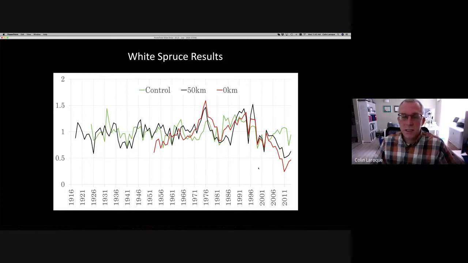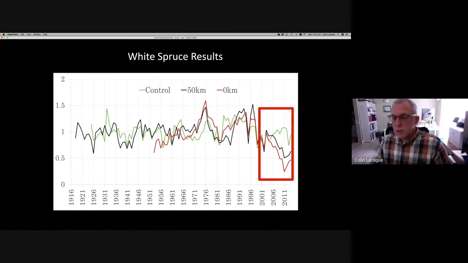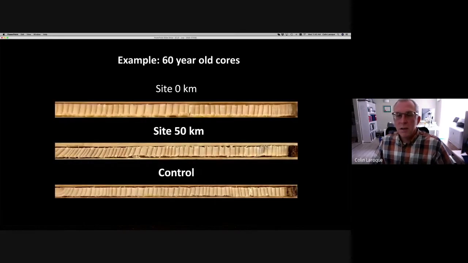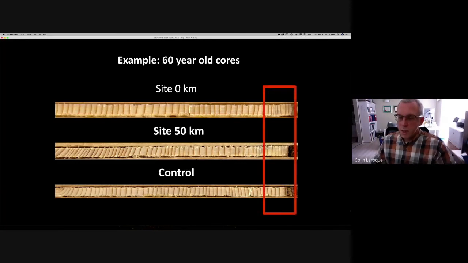And you can actually see this. I'll zoom into this time period in the cores. Again, same 60-year-old tree cores, sites from 0 kilometers, 50 kilometers and the control site. And if you look at that same area, the rings in the control are very wide, getting narrow.